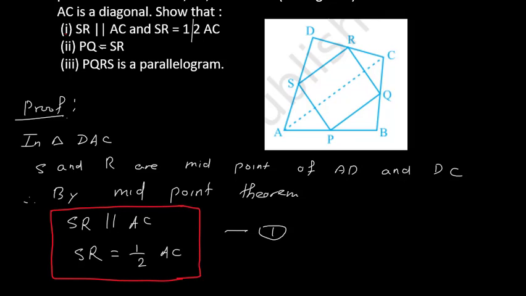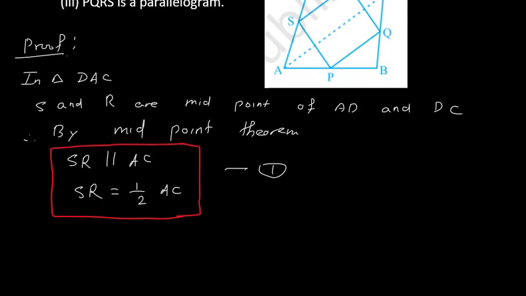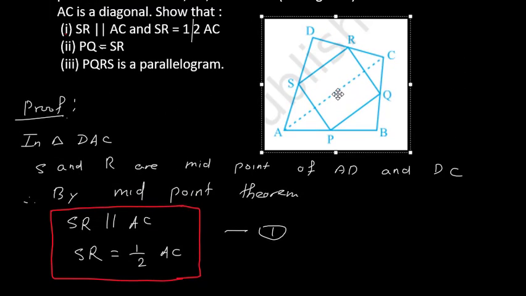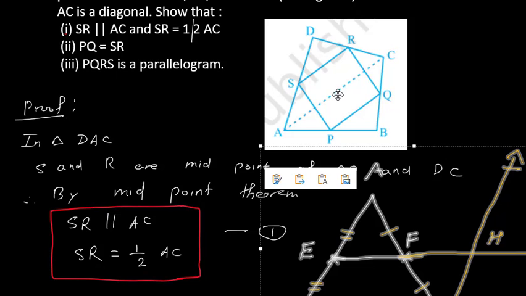Simple. By midpoint theorem, just now we have seen that if we join the midpoints of two sides of a triangle, it will be parallel to the third side and half of it. Now we have to prove that PQ is equal to SR. So for that you can take triangle ABC.